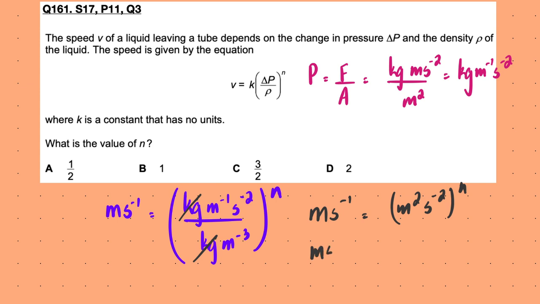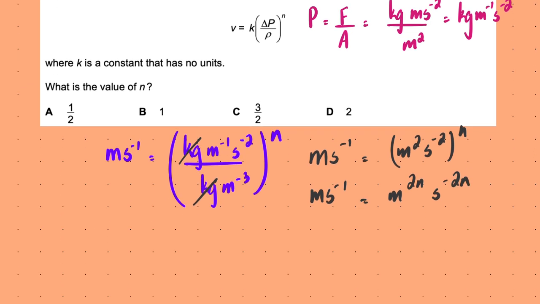And this can then be written as m to the 2n s to the negative 2n. Now you can compare the powers of either m's or s. Let's say if I do this with m, the power is 1. So comparing powers, 2n equals 1, which makes n half. So the answer to this one is A.